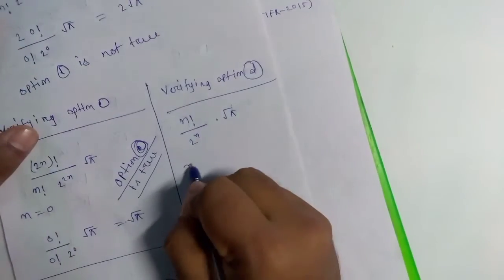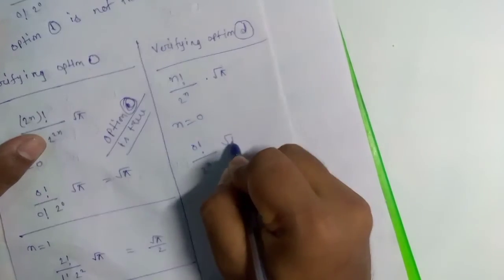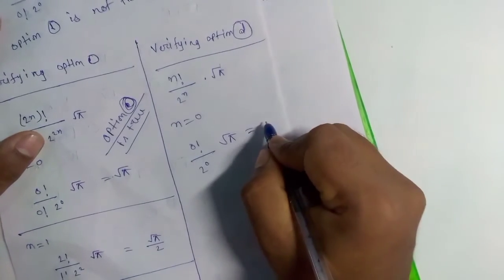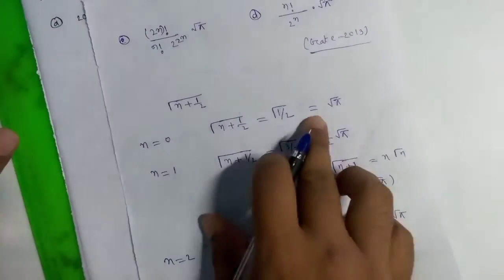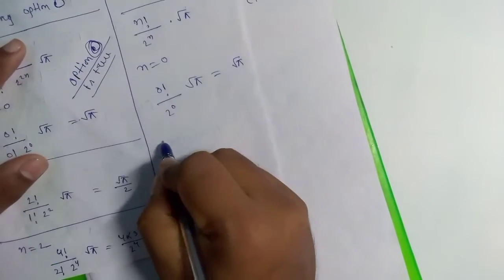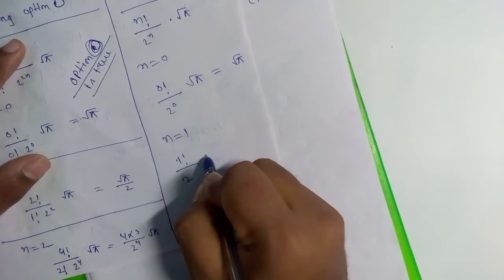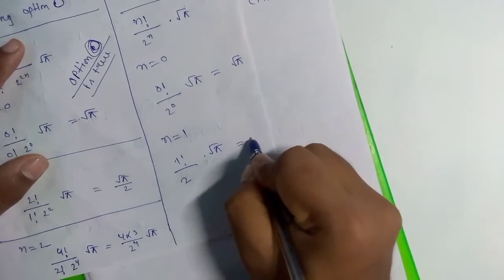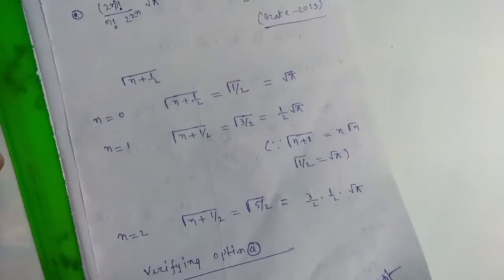If we put n equal to 0, it comes 0 factorial by 2 to the power 0 root pi. So actually this is root pi. When n is equal to 0, it satisfies. If we put n equal to 1, then it comes 1 factorial by 2 root pi, so root pi by 2. When n is equal to 1, it also gives root pi by 2.